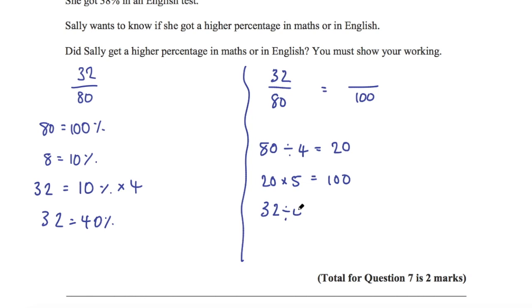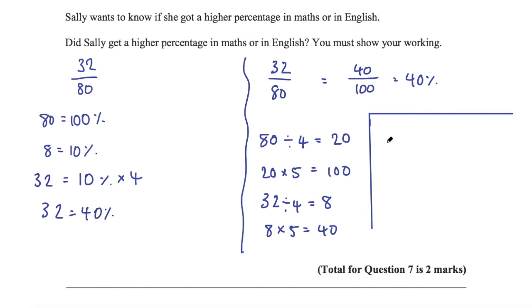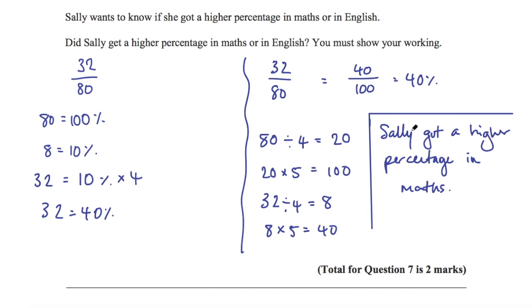So we divide it by 4, and we get 8, and then times 8 by 5, and we get 40. So 32 out of 80 will equal 40 out of 100, which equals 40%. And then I guess we should also state our answer. So we can say Sally got a higher percentage in maths.